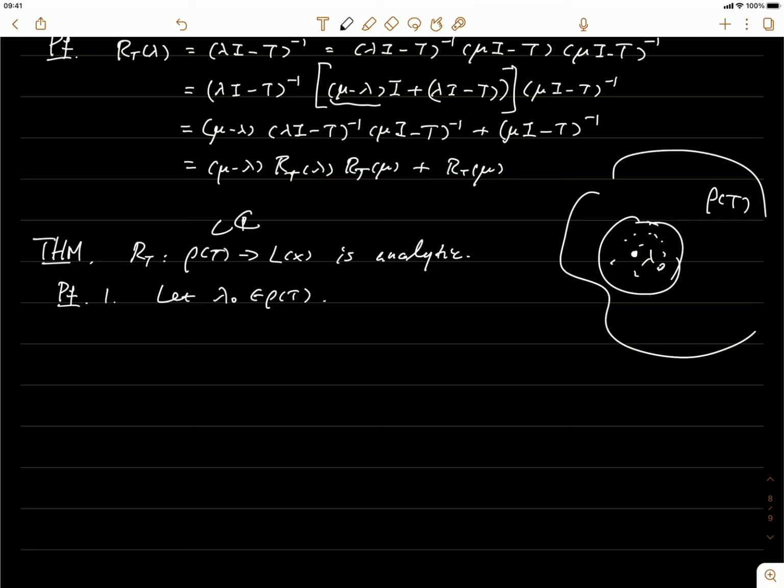So let's say that the absolute value of lambda minus lambda naught is smaller than 1 over the norm of (lambda naught I minus T) inverse, which is just the resolvent at lambda naught. That's actually the ball here, the radius is that.